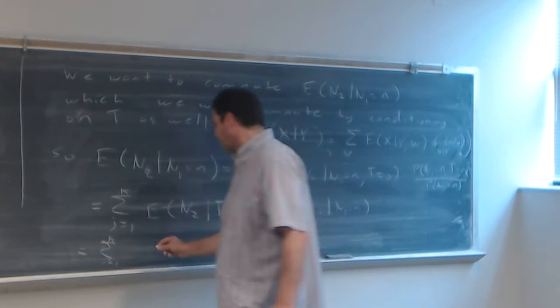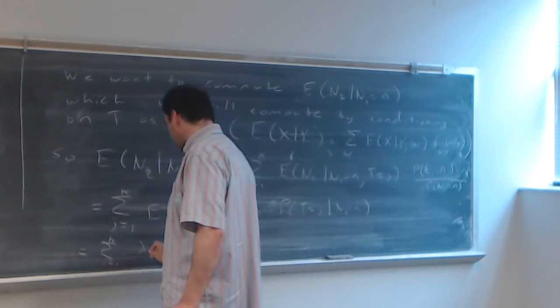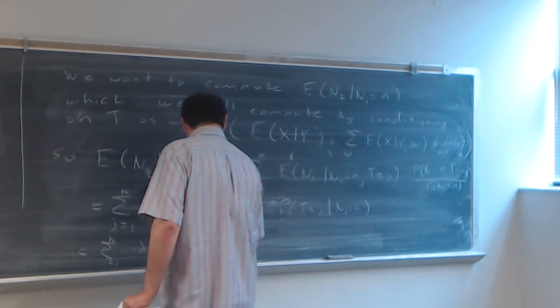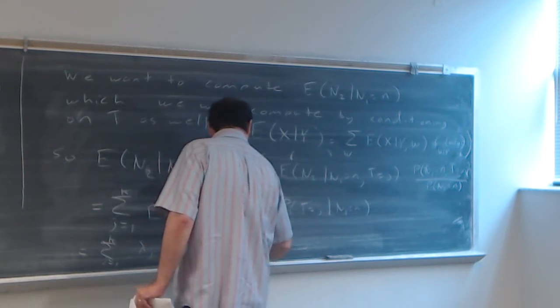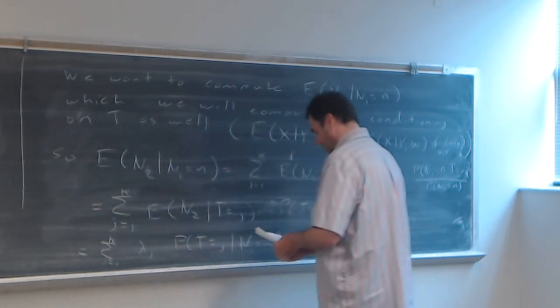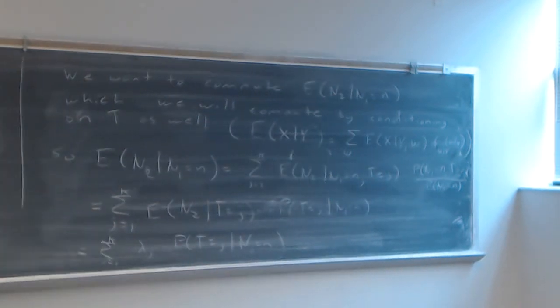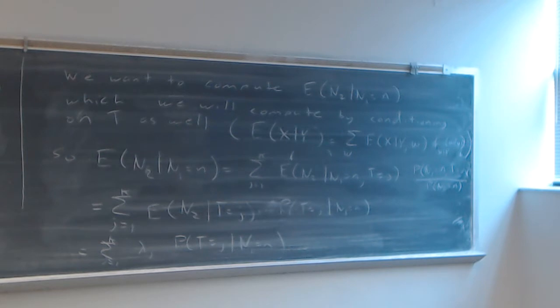So its expected value is lambda sub j. And now we have times the probability of T equal to j, given that N sub 1 equals n. Of course, this is a sum as j runs from 1 to k. We're not going to get a very nice closed form, but we get some way of representing the answer with summations involved.